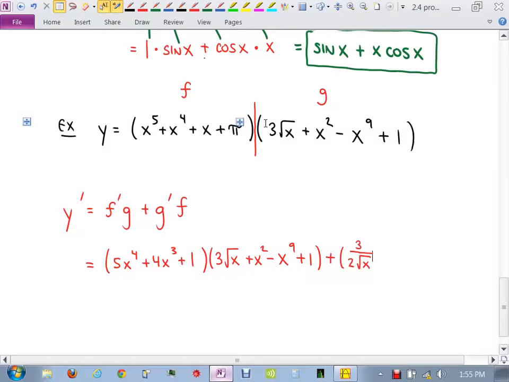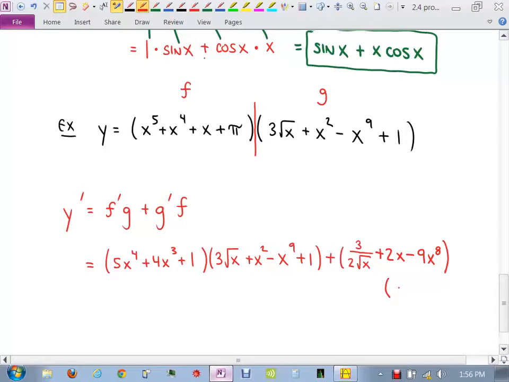And then I have a 3 in front of it. So that 3 is on top of the 2 root x. Is that all right? Then what? Plus 2x minus 9x to the 8th. And then derivative of 1 is 0. So I close that out. That's g prime. And then times f.